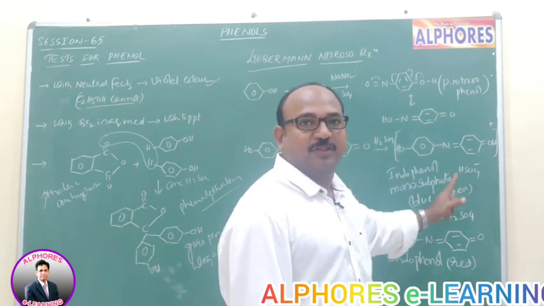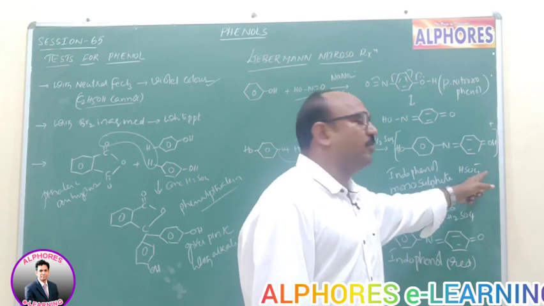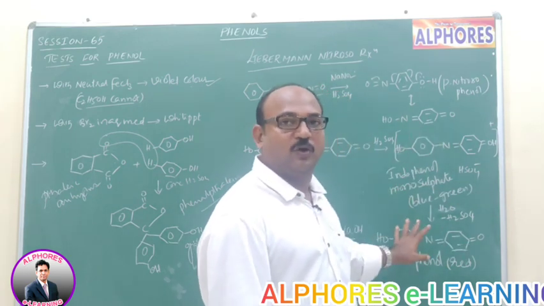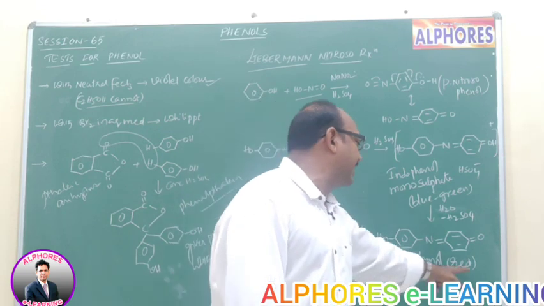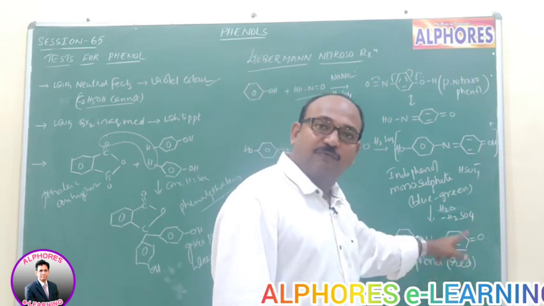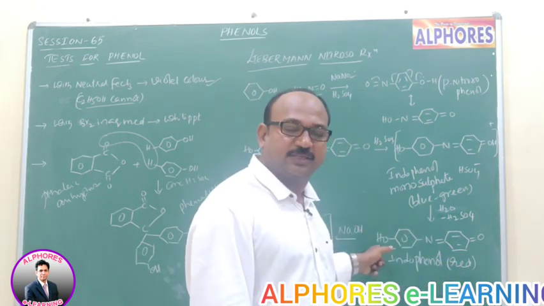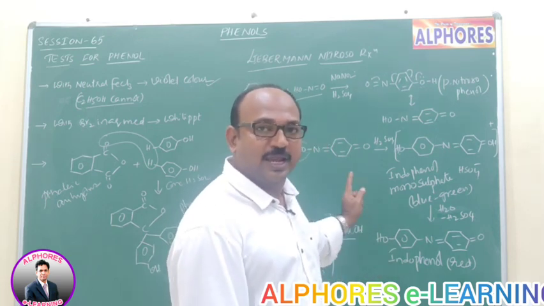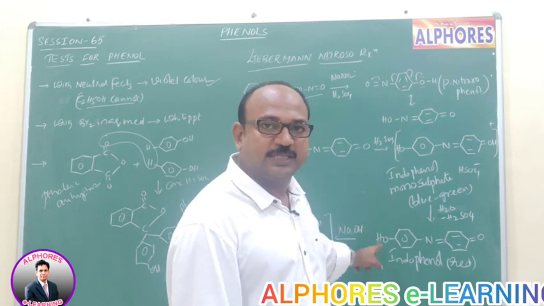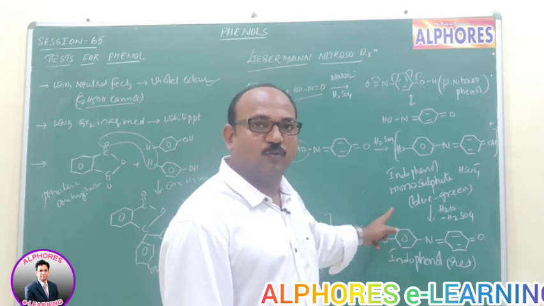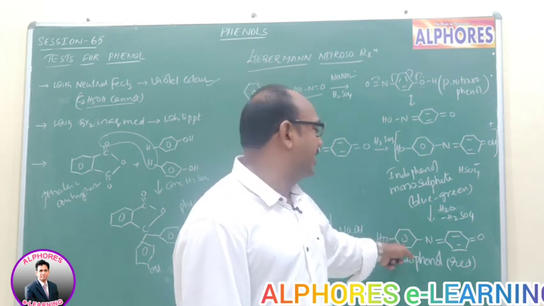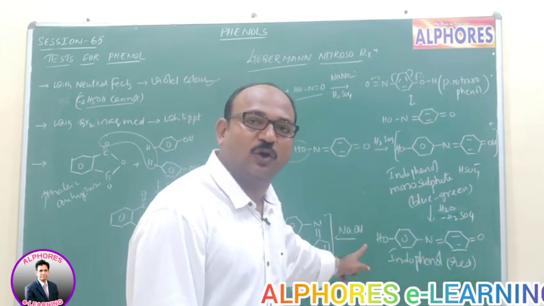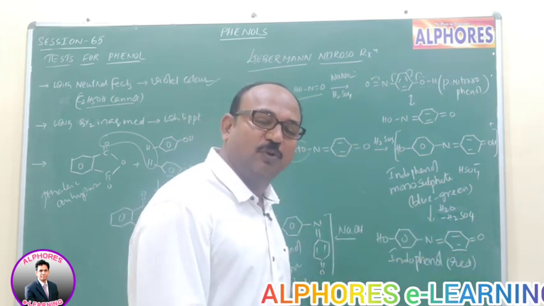Upon treatment with water, HSO4 minus comes out as H2SO4, and only indophenol remains, which is red in color. Further reaction with NaOH abstracts the acidic H plus, and the O minus remains and is delocalized. We get the indophenol anion, which is blue in color.